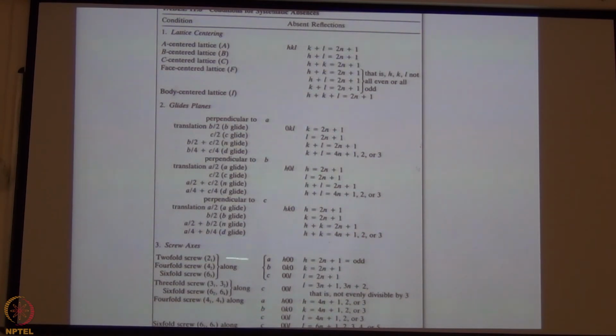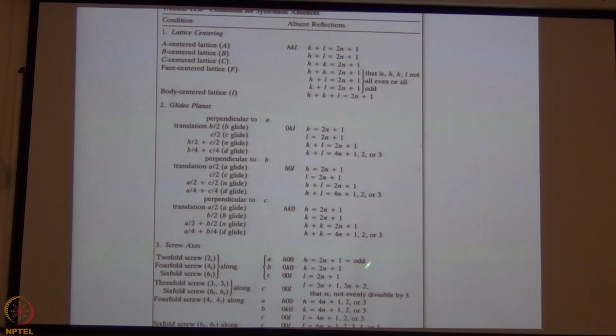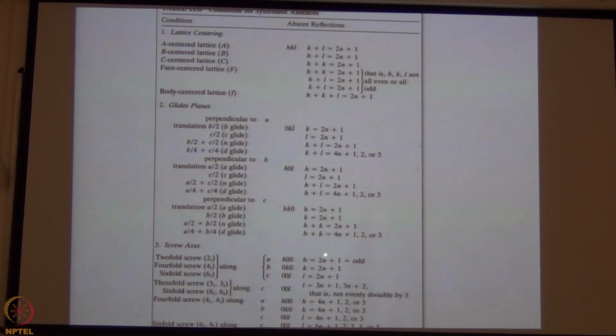When you go to screw axis, it is one axis. So if it is along B, X and Z change their sign. That is why the reflections which are affected are H00, 0K0 or 00L.